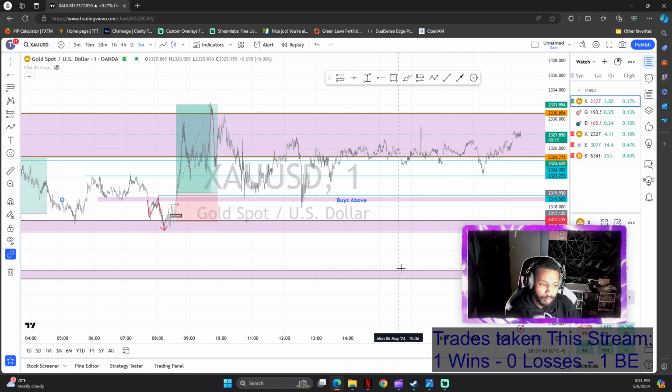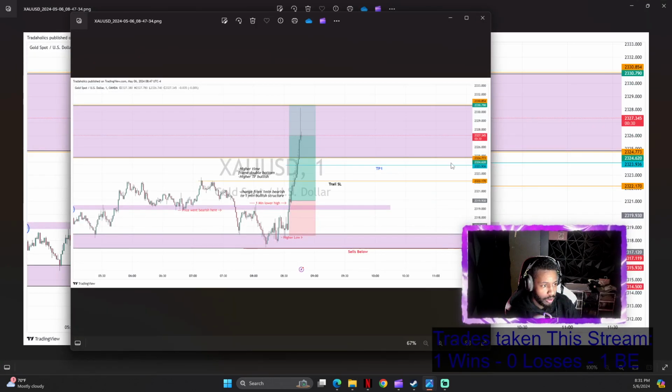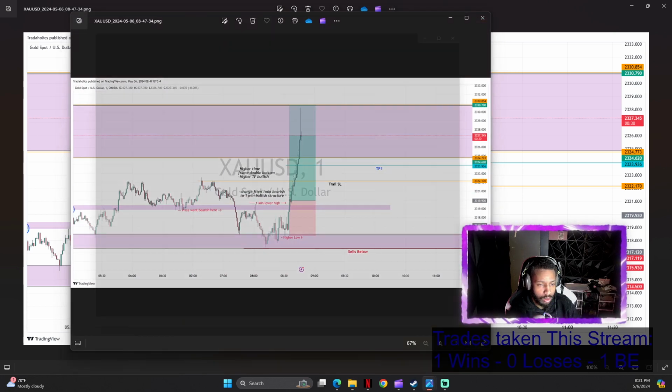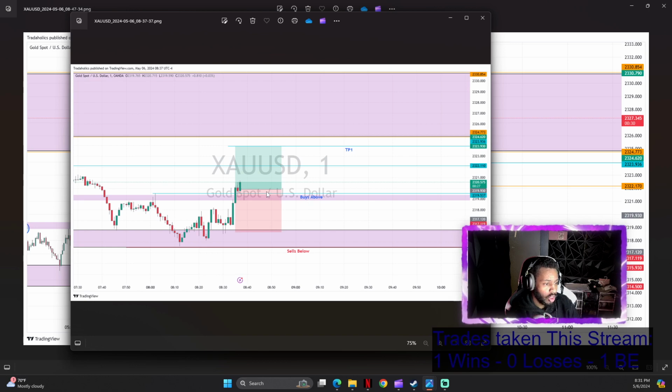To also show y'all that I actually took this trade and I'm not just capping out here. This was the after. Not this one. This is the before. So before I took the trade, I had my buys above area set up.